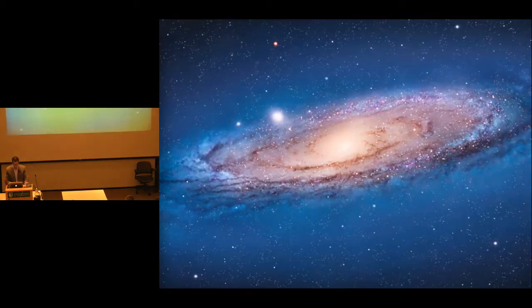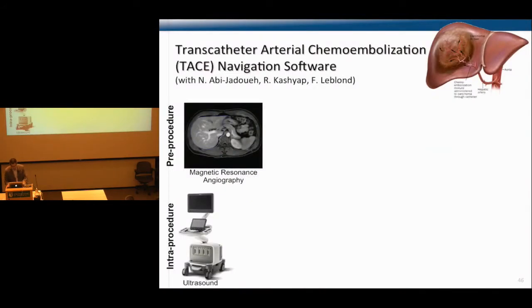I think I had one slide on that. It was fairly localized. This one is not fairly diffuse, but this is a primary liver cancer. The segmentation problem will definitely be different.